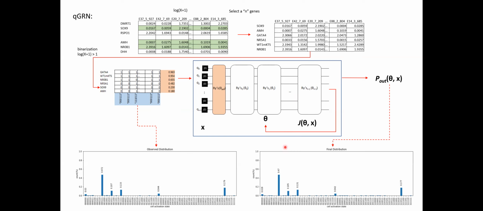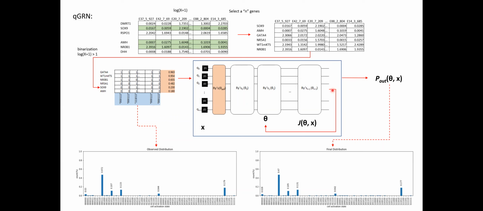The idea of this pipeline is that I have an input and I have several parameters theta. So I get an output distribution, and the final goal is to fit that output distribution to the observed distribution that we got from the dataset.